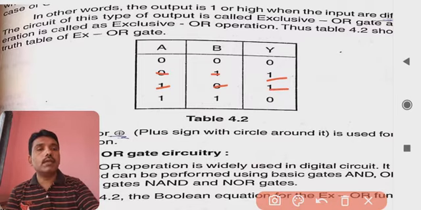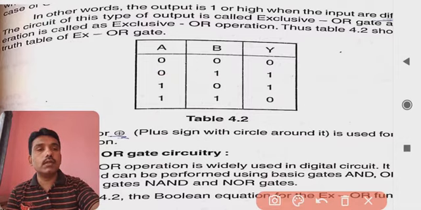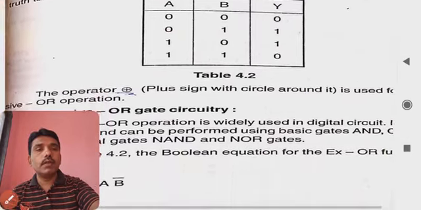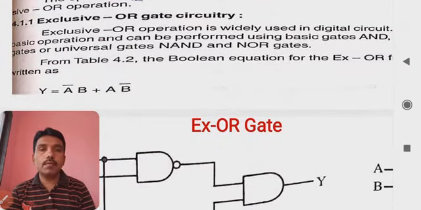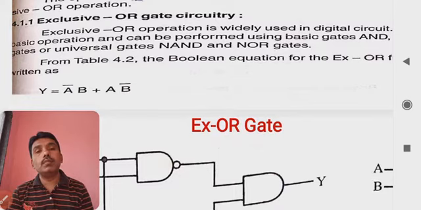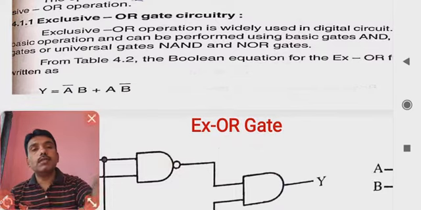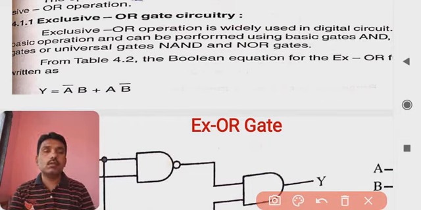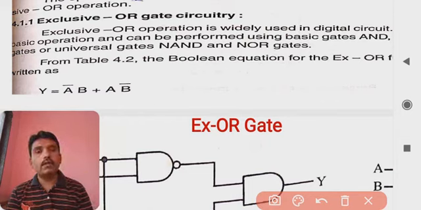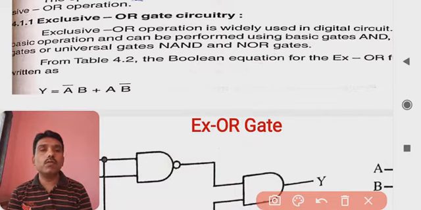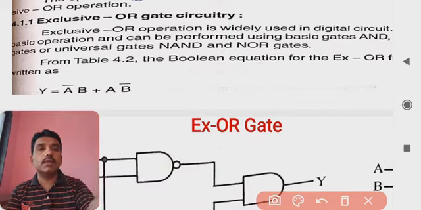And that's why the output is written in this form, that is Y equals A complement B plus A B complement. That means for any condition you put, it will give you a high output only for the 0 1 or 1 0 condition. According to that, whatever values you put, the result will follow likewise.